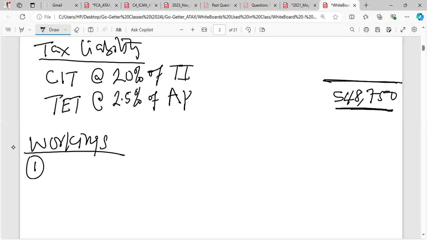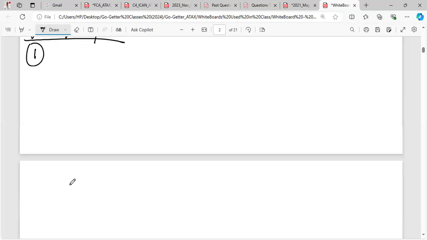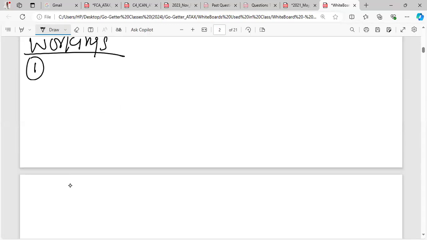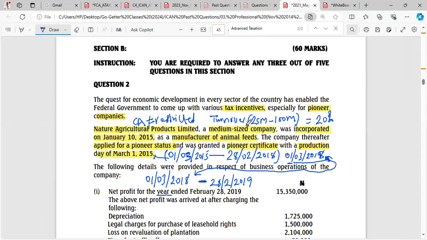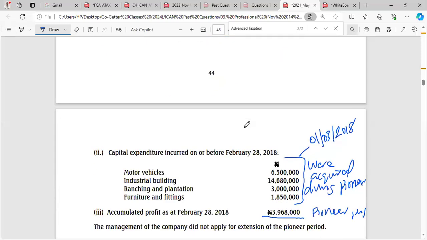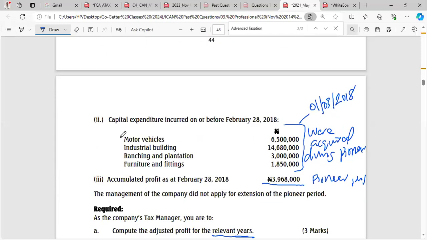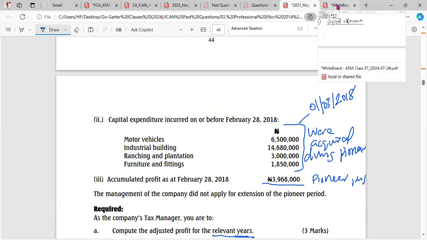Workings 1 is our capital allowance that we want to do. When you are doing capital allowance, this will take your whole time, so you have to be speeding up. We have here motor vehicle, industrial building, ranching and plantation, furniture and fittings. We have 4 of them here.